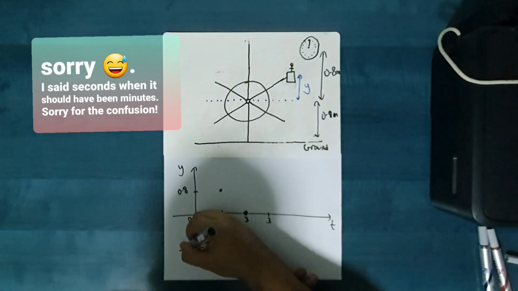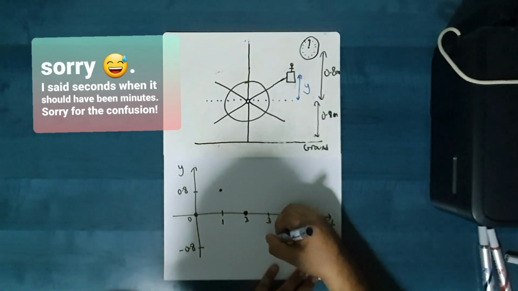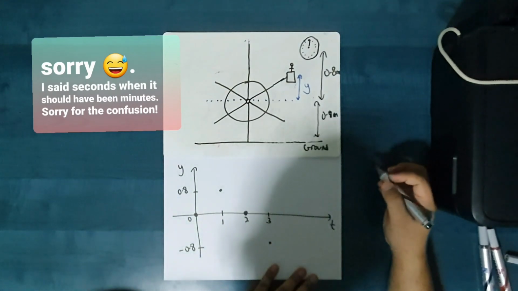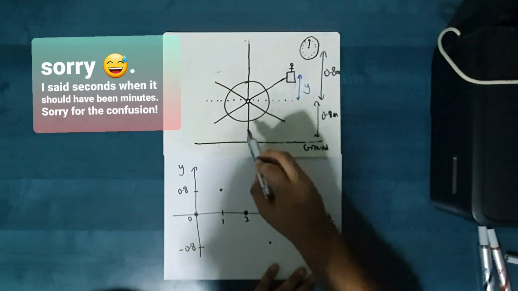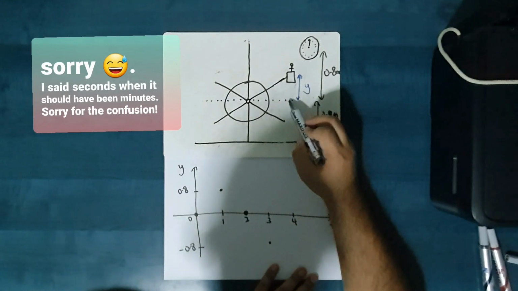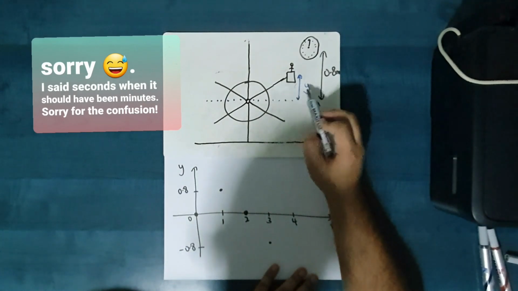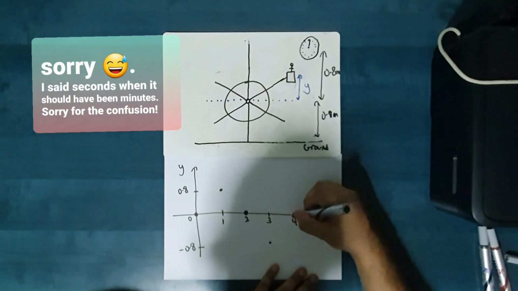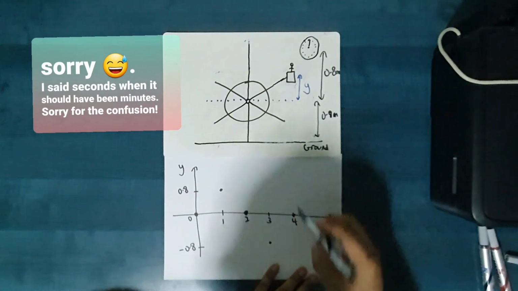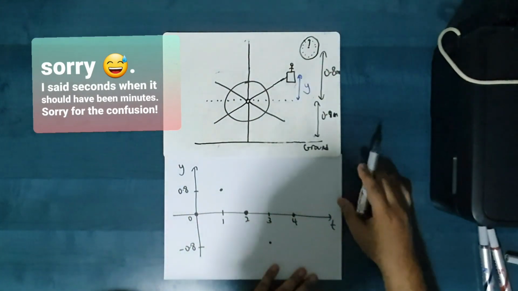So it is something like this. And 1 second after that, which means 4 seconds have passed, he returned back to his original position where y is 0. So 4 seconds from the beginning, his y returns to 0. And then he continues and continues.